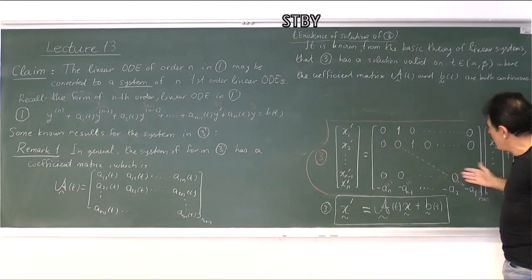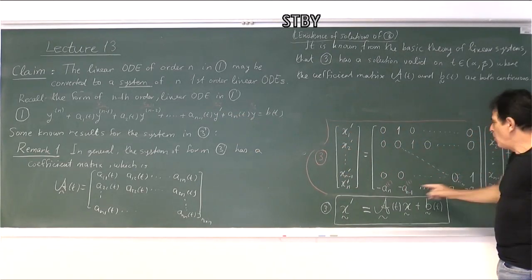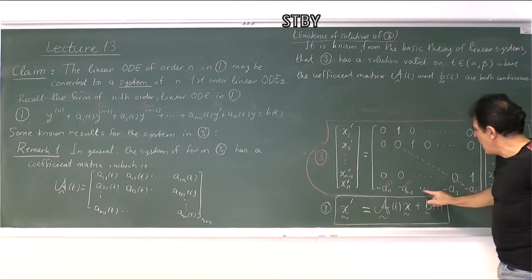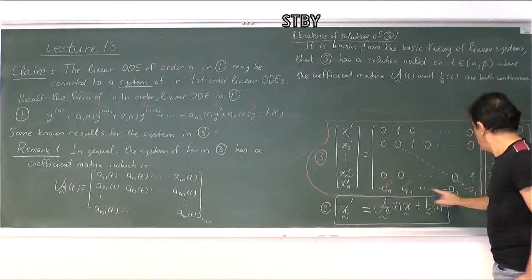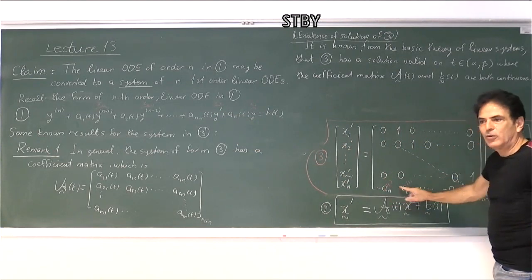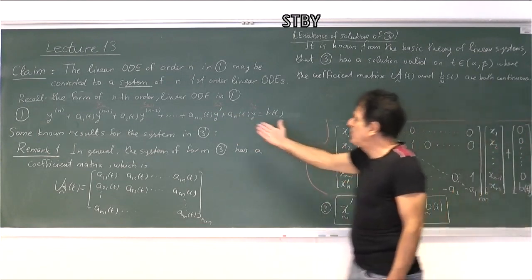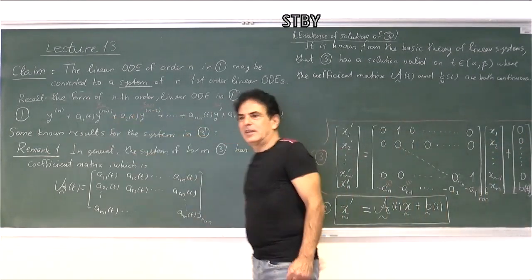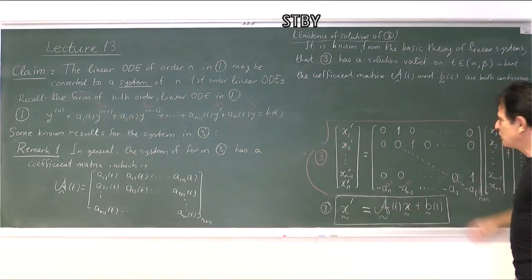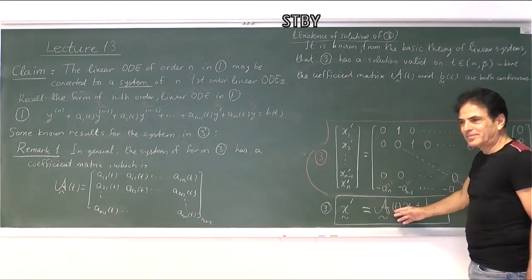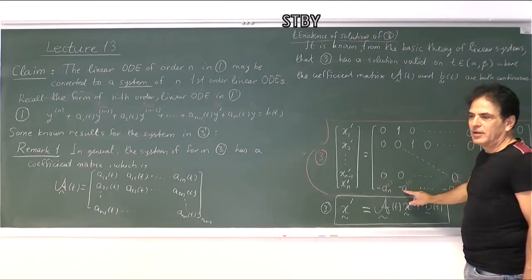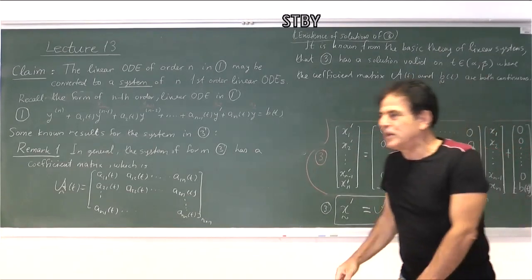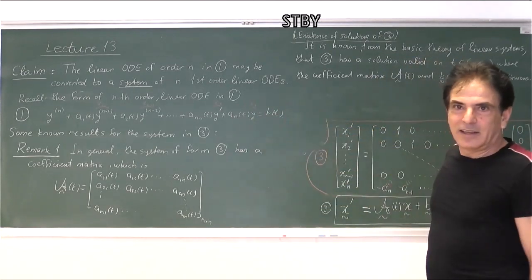The coefficient matrix is continuous when the functions of the last entry are all continuous, which are nothing but the coefficients of the linear nth order ODE. So the continuity of matrix A depends on the continuity of the coefficient functions, which is the statement of the theorem we gave for the single ODE.